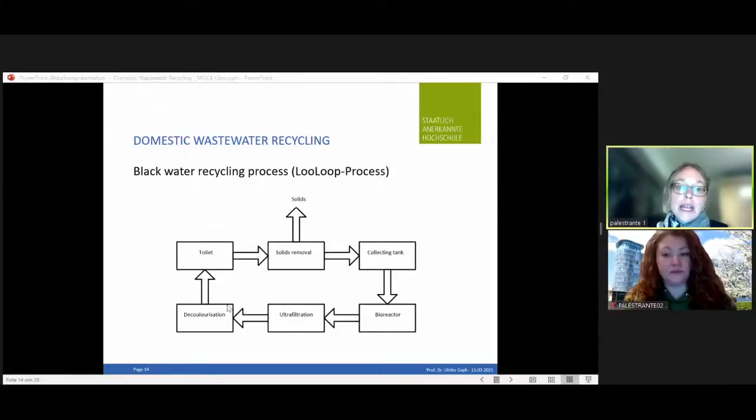Here, the black water recycling process has the objective of using your water once again for flushing. So you have a closed loop. That's why it's also called Lulu Process. You have just left out your brown water for the solids, and then you reuse the water. After the ultrafiltration, your water is already clean.